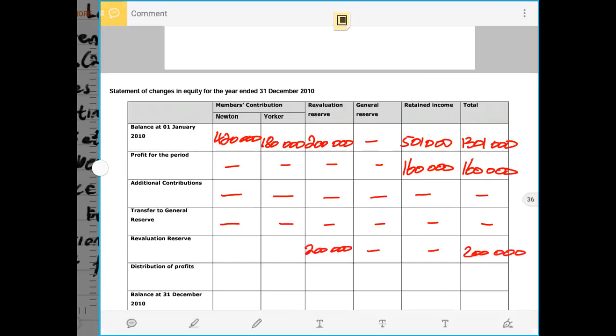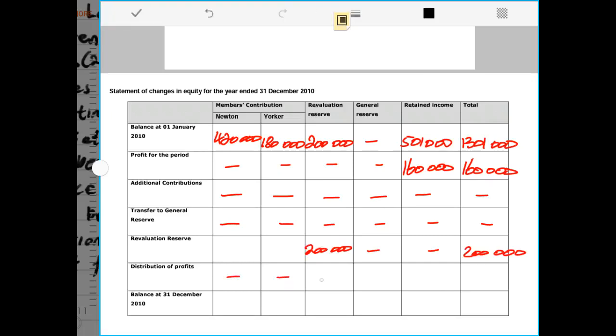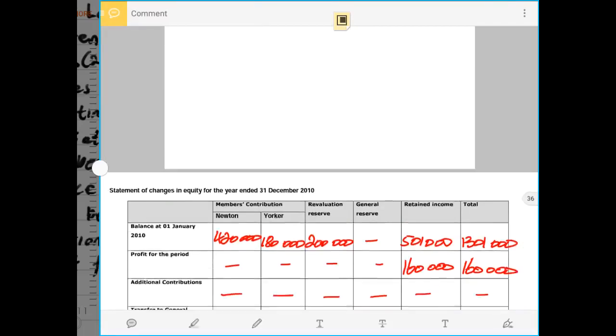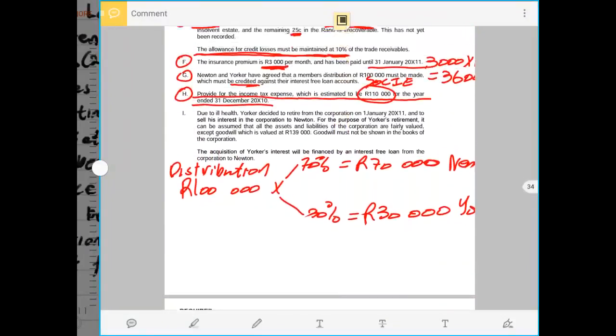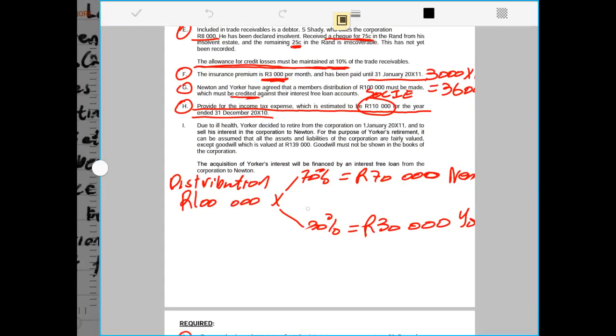There was also a distribution of profit to members, and the distribution of that profit, I think it was a total of 100,000 rands. I'll just confirm that it was a total of 100,000 rands. We split that into 70,000 and 30,000 rands. Yes, 70,000 and 30,000, which is 30% and 70%.